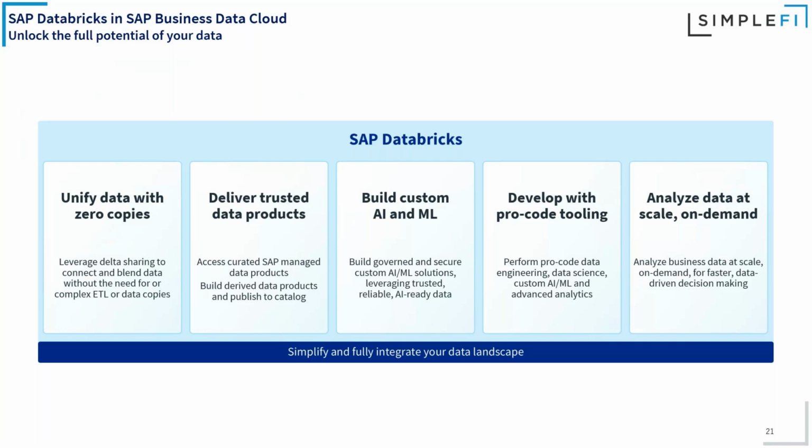So first of all, a very important part is that Databricks is bringing to the table this notion of a zero copy. What this concretely means is, imagine you have a data product by SAP where the data, for example from S4 Finance, is now sitting in your object store.